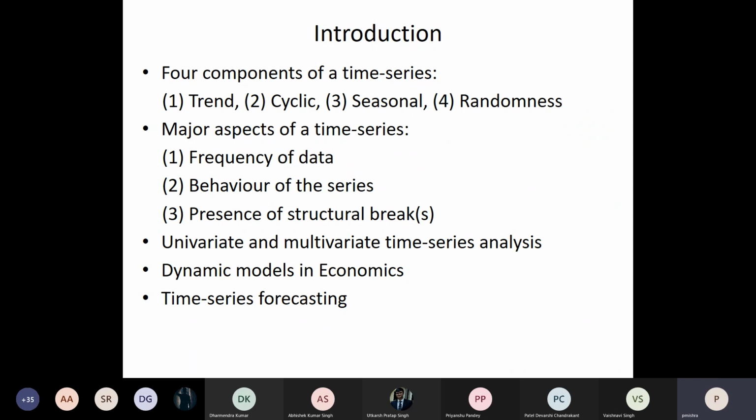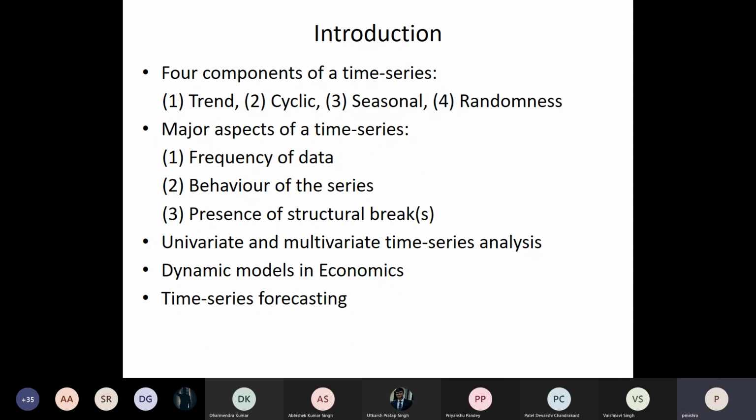Now there are two broad types of time series analysis. In some cases, we try to see the behavior of a particular variable, say, for example, how GDP has changed over the period of time.